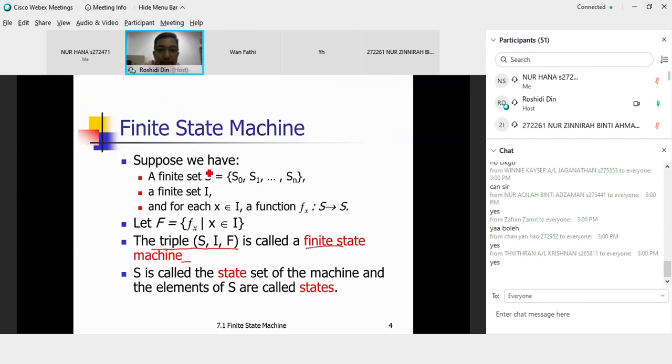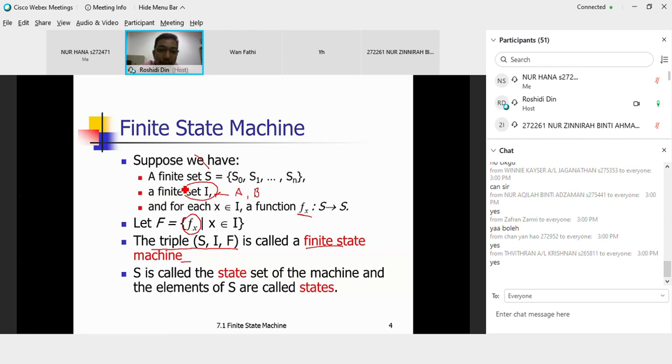As I said previously, S may represent S0, S1, and so on until Sn. Set I is a set of set A, set B, and so on. So it is represented by set I. The function actually goes from S to S, and we can represent this function as fx.